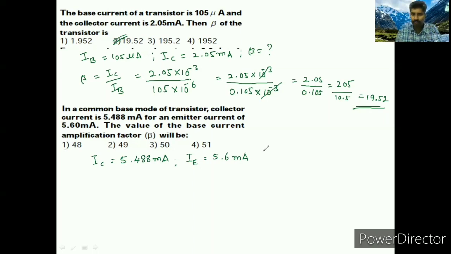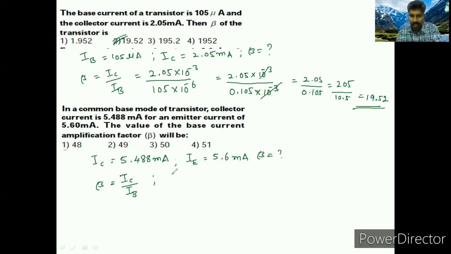The value of beta will be how much? Amplification factor beta, they are asking. Here we know beta is equal to IC by IB, base current. So here we require the base current. Emitter current and collector current we know, so base current we can get.